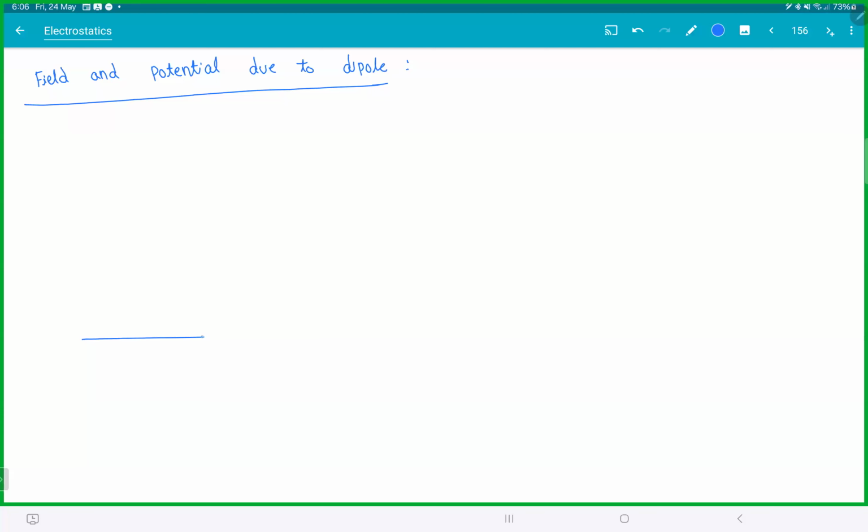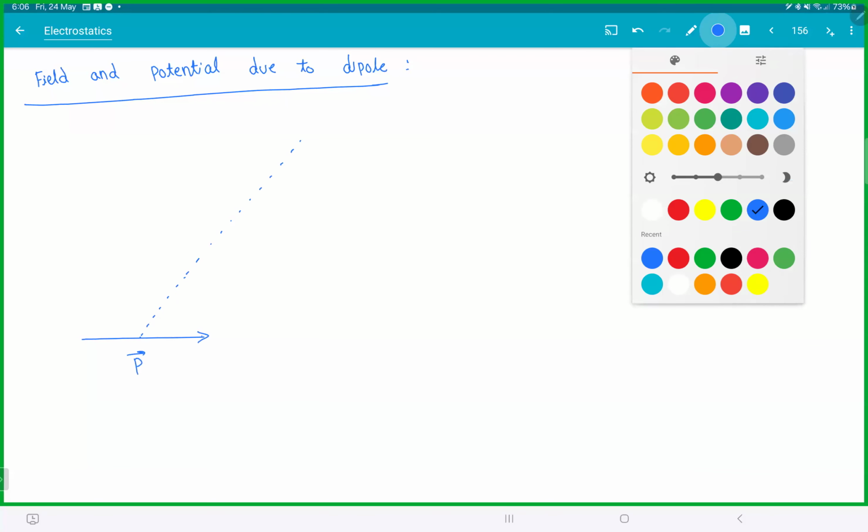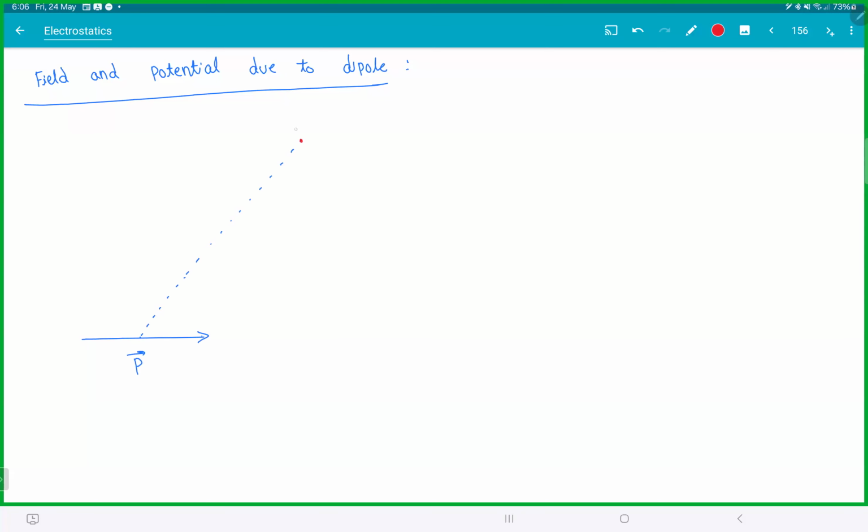So whenever you have a dipole here, P bar, and let's say from the center, pretty far somewhere here, let's call a point A here at an angle theta, and this is distance r. So if r is much, much greater than d, we have formulas for this. So basically this thing is nothing but minus q. I'm exaggerating the figure.